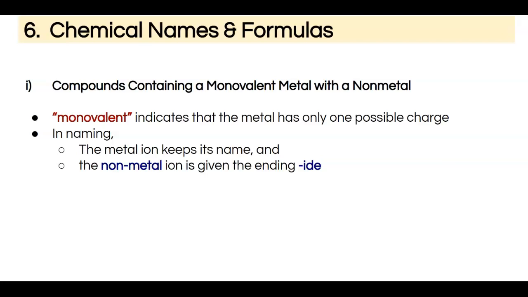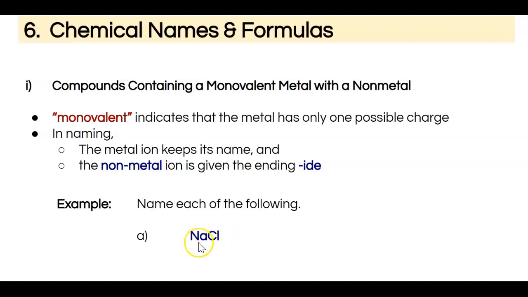So in cases where you look at the formula for a compound, I'm going to give you an example, like NaCl. I can see that Na on the periodic table is in group 1. All elements in group 1 have a common ionic charge of +1. It is monovalent. So this rule that we've just learned applies here.